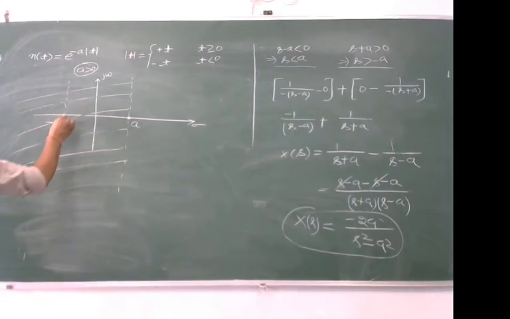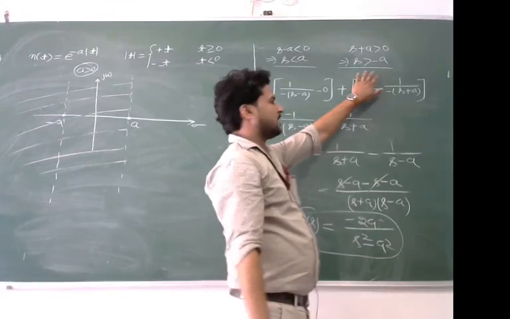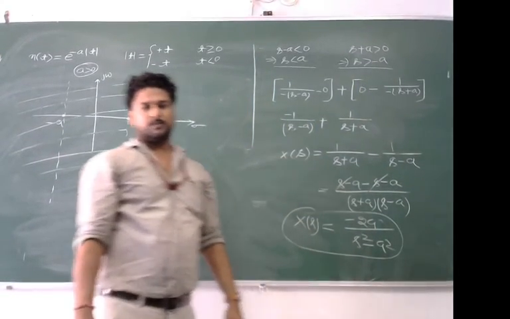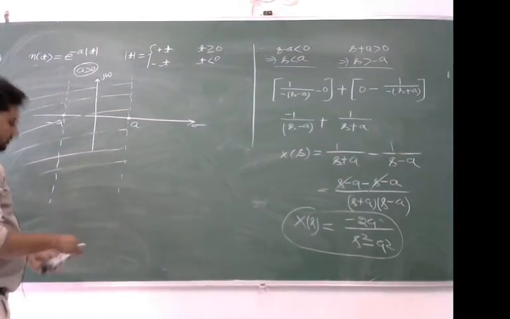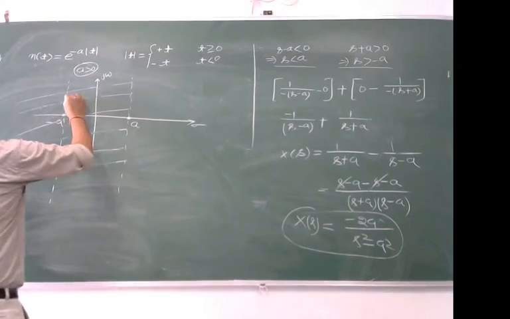And the second condition says that s should lie to the right side of minus a, meaning s should be greater than minus a. So this will lie in this region.